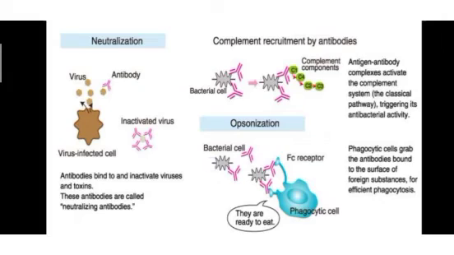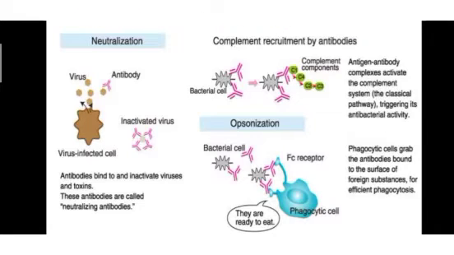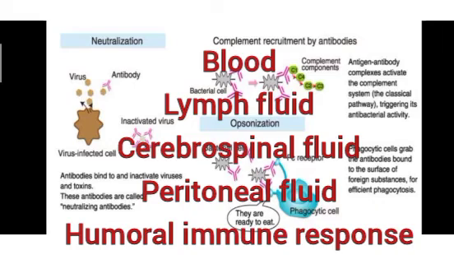So, what role does immunoglobulin play in the immune response? The role of immunoglobulin in the immune response. Immunoglobulin G is the major immunoglobulin in blood, lymph fluid, cerebrospinal fluid, and peritoneal fluid, and a key player in the humoral immune response.